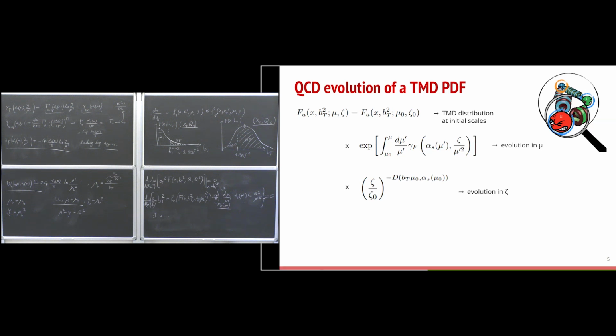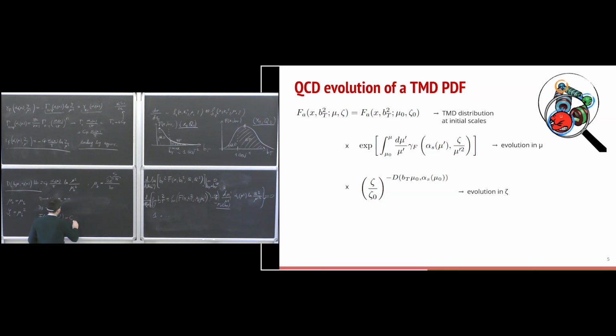Now at this point, I think it's good to tell you something else. We said we evaluate D at the leading log with mu b, and this is equal to 0. We evaluated gamma F at the leading log, and f of x, bt square, mu b square.